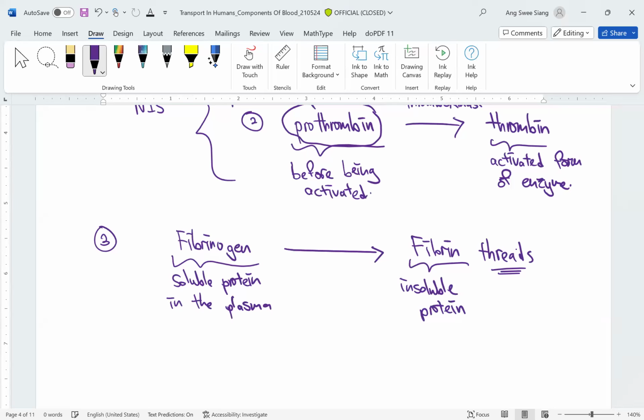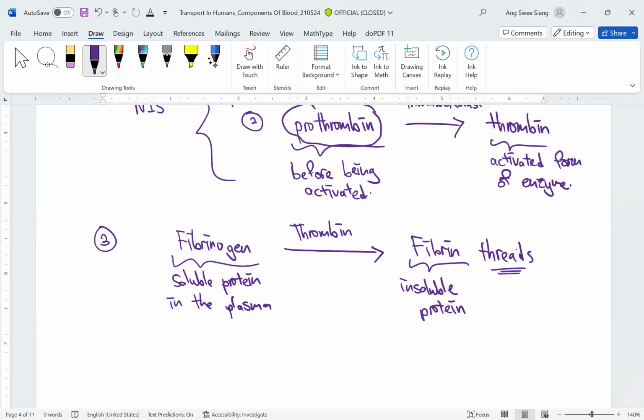This conversion is again catalyzed by the previous enzyme, thrombin. So the conversion of fibrinogen to fibrin thread is catalyzed by thrombin.